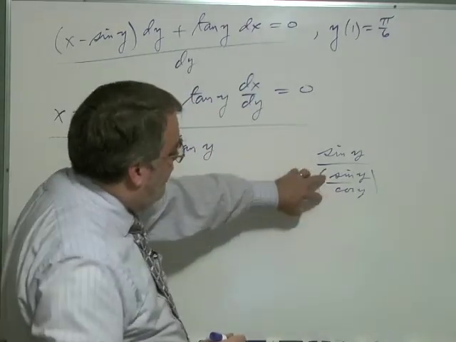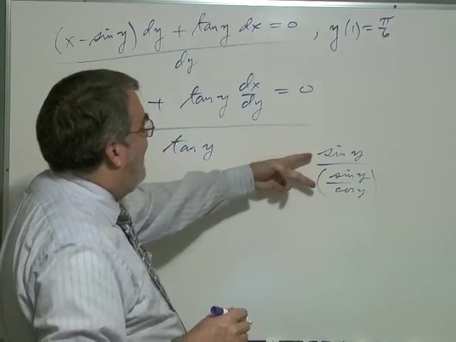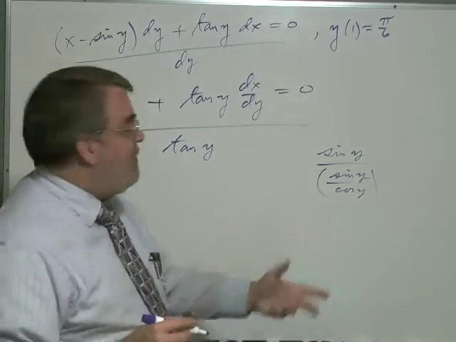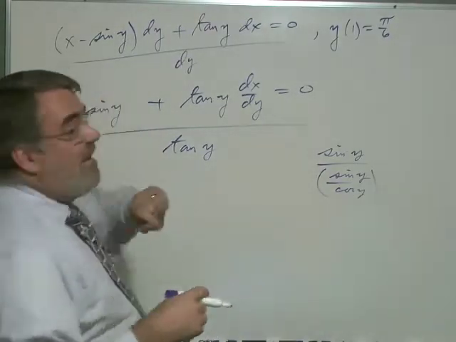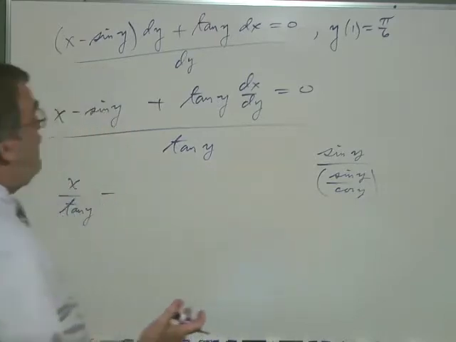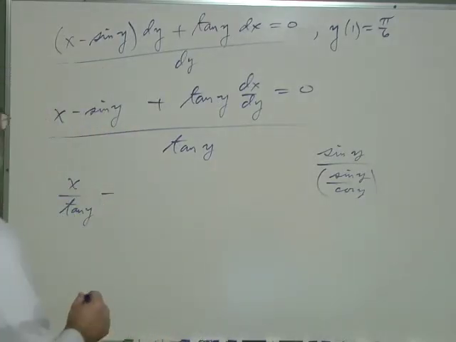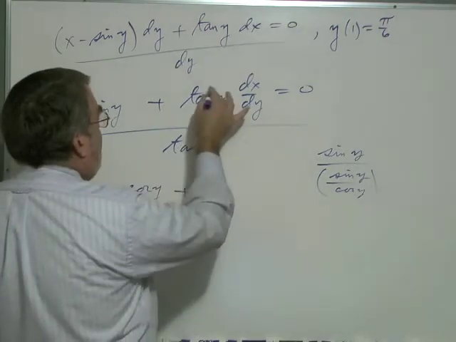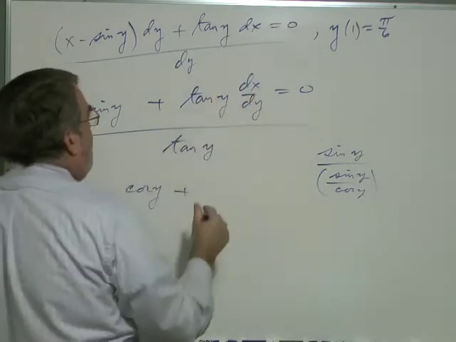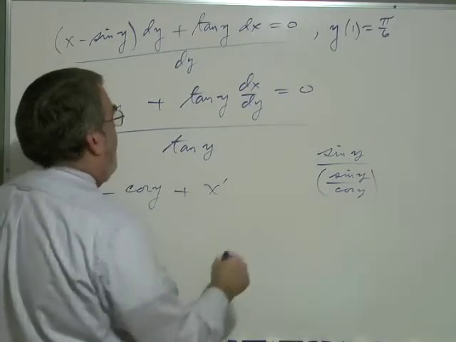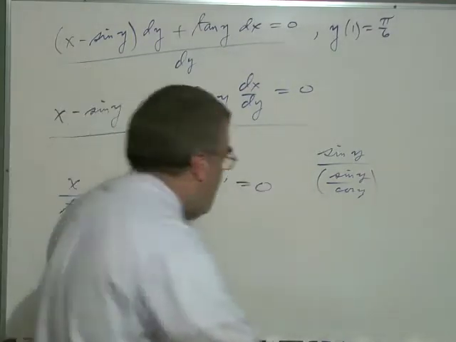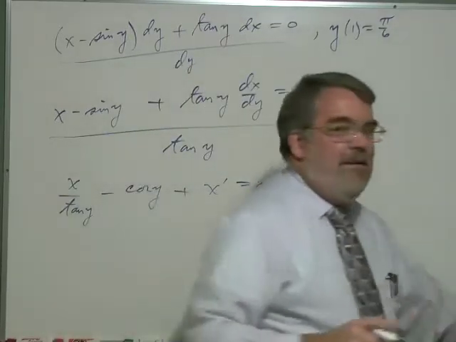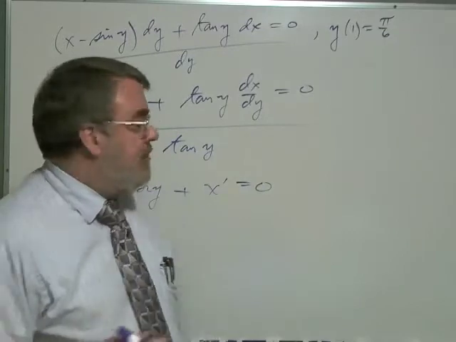So if we divide these, invert and multiply, the sines will cancel, and we'll end up with cosine. So, sine divided by tangent gives you cosine, doesn't it? Alright, so this will be cosine y plus the tangent y cancels here, and we'll call it x prime equals 0. Well, now, is that an integrating factor type of problem?